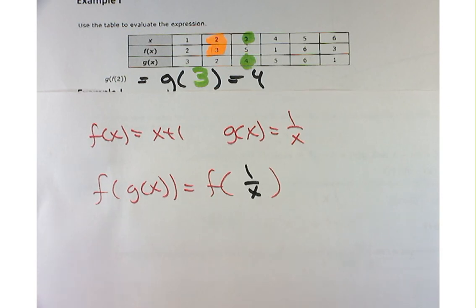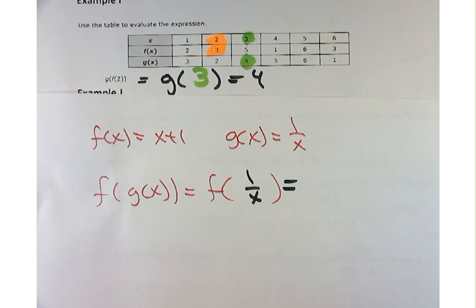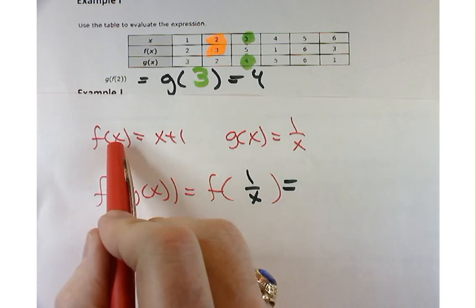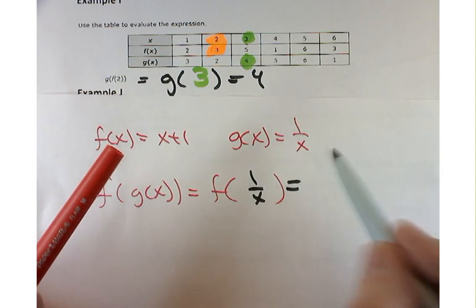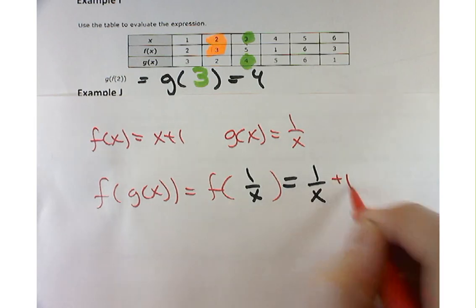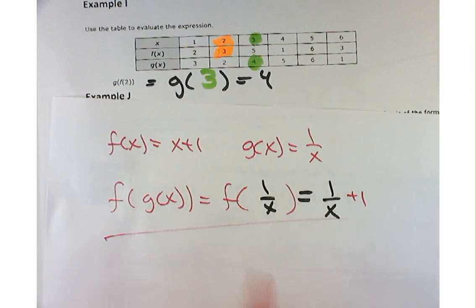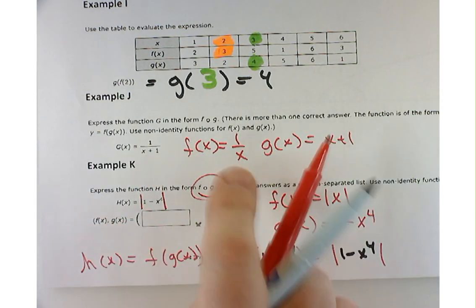And now go to the rule for f of x. The rule for f of x says take whatever you put here and add 1. So what that's going to be is 1 over x plus 1. And that's not quite the same as what I've got here. This is done the right way.